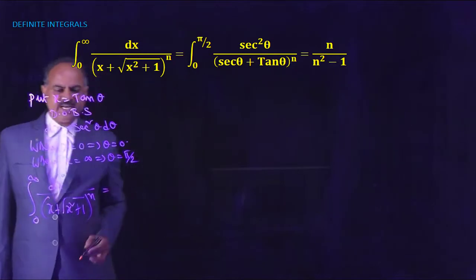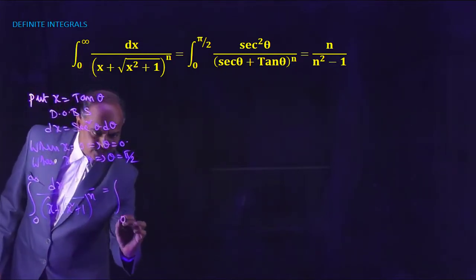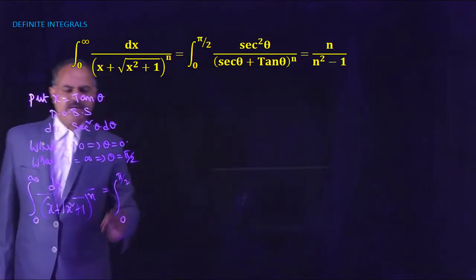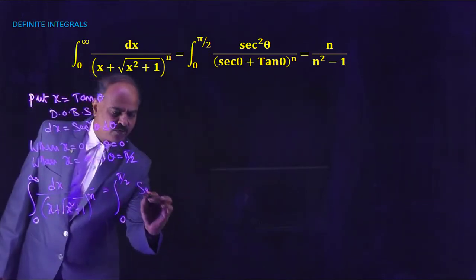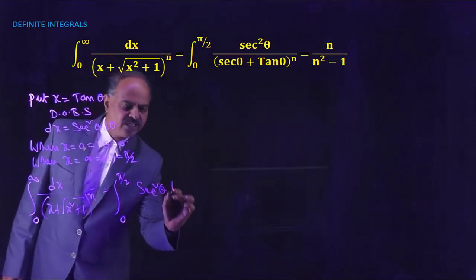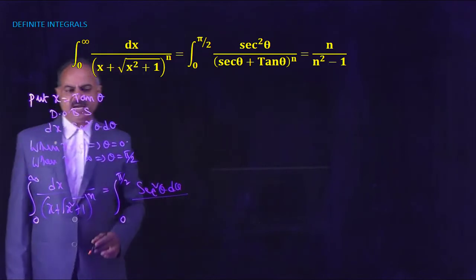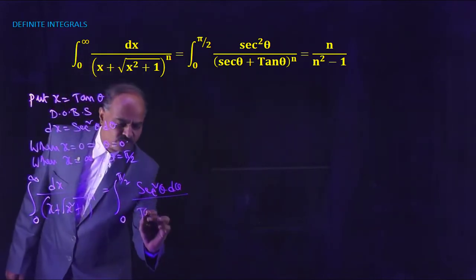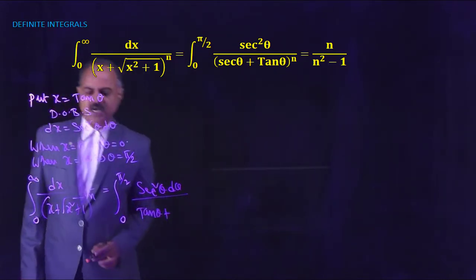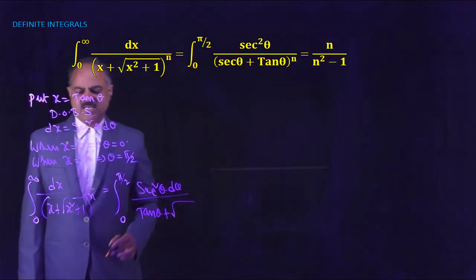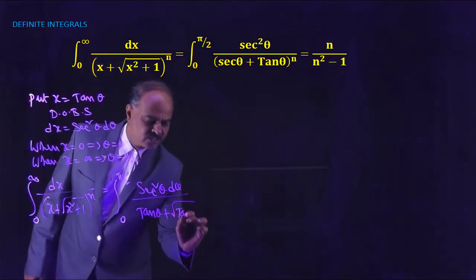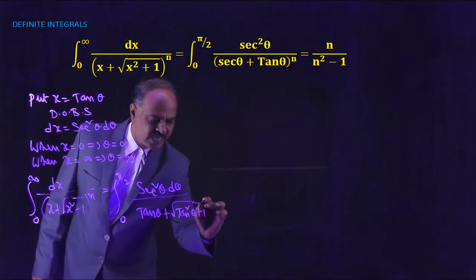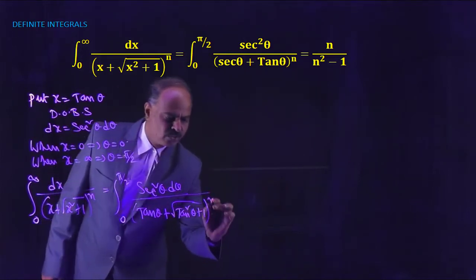Now the given integral becomes integral 0 to pi by 2 secant square theta d theta divided by (here x equal to tan theta, plus root over x square plus 1, that is tan square theta plus 1) whole to the power n.